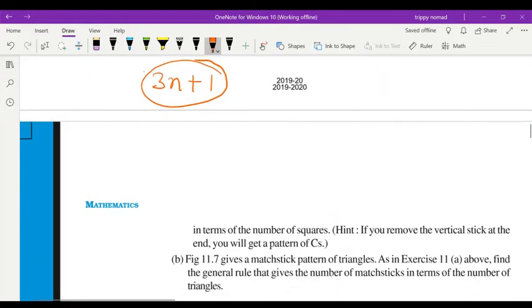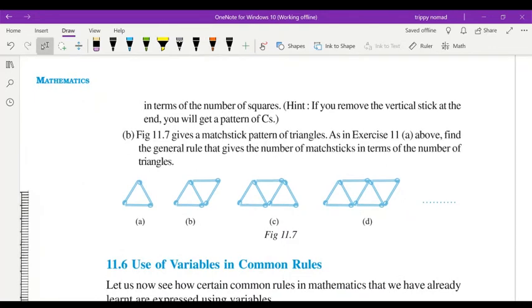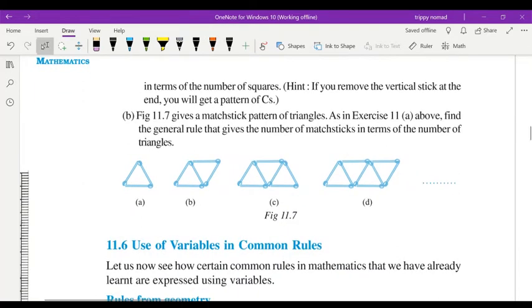Now in question number B part, in the same way we will make it, children. You have to write, I am only explaining to you. First step, how many matchsticks are required, I am telling you how to write. You will write the number of matchsticks required in a figure, that is 1 2 3. You will write 3.